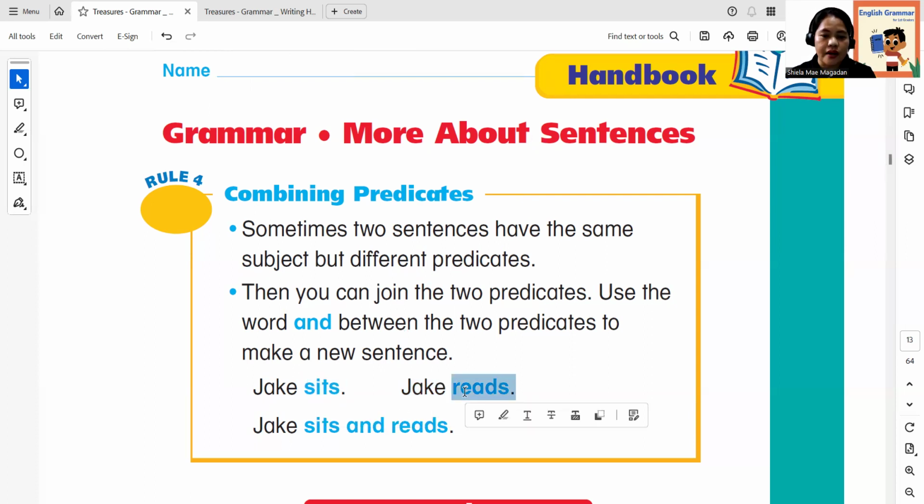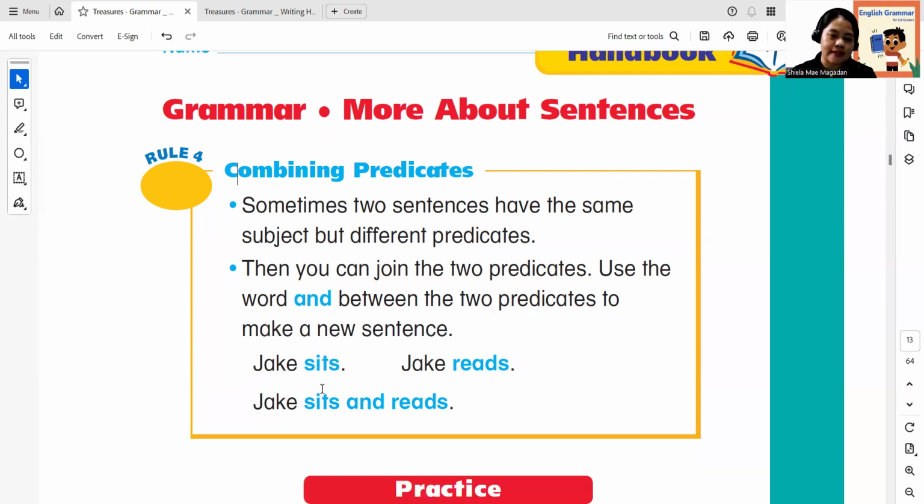Sits, and another, reads. So you can join the two predicates. You can join the two predicates by using what word? Again, and, between the two predicates to make a new sentence.